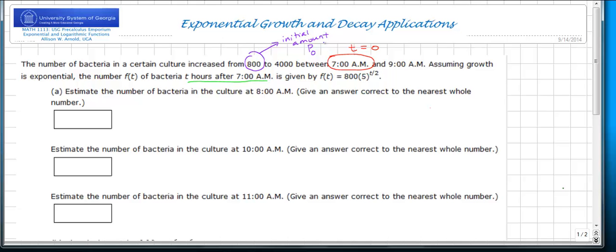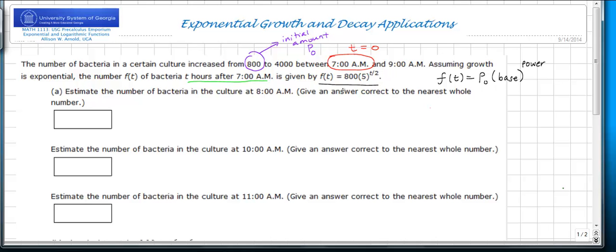Your formulas are modeled in the same fashion as the continuous growth model. It's a number that's your initial amount times some base to a power. That's the typical exponential model, and we have that here. Our base is 5.